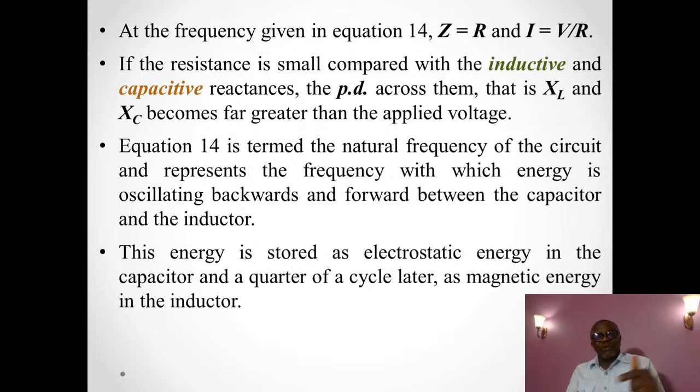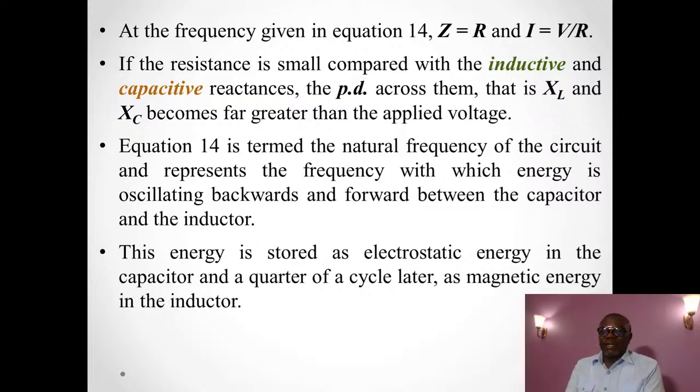So at the frequency given in equation 14, it means that the impedance is equal to the resistance. Remember, in the RLC circuit, we have the R, which is the resistance, and we have the combined action of the inductive and the capacitive reactance, which we call the impedance.